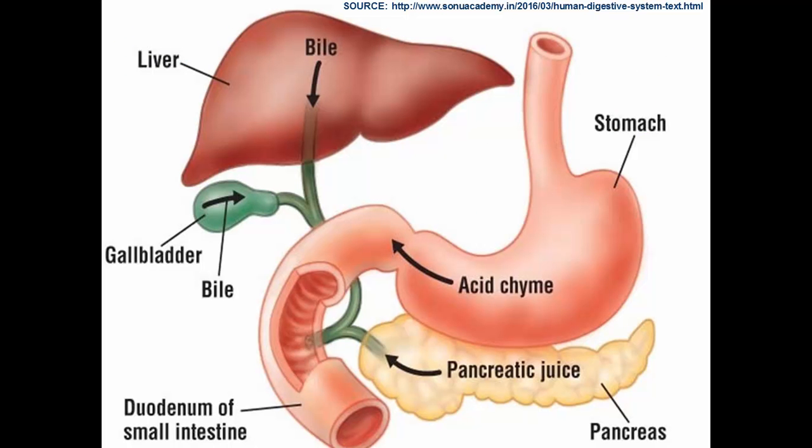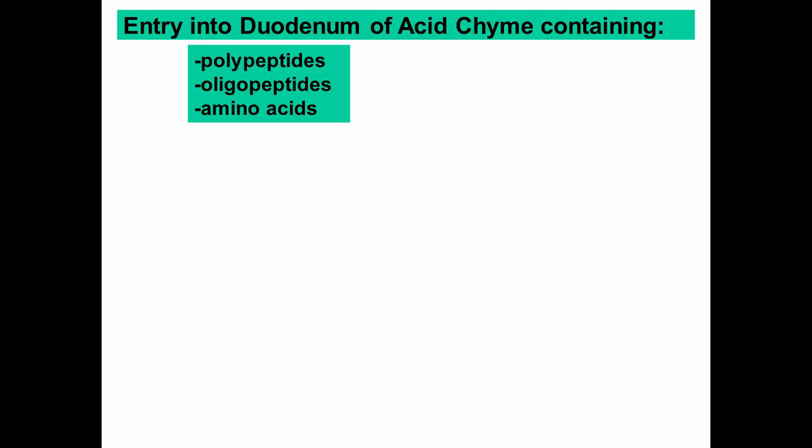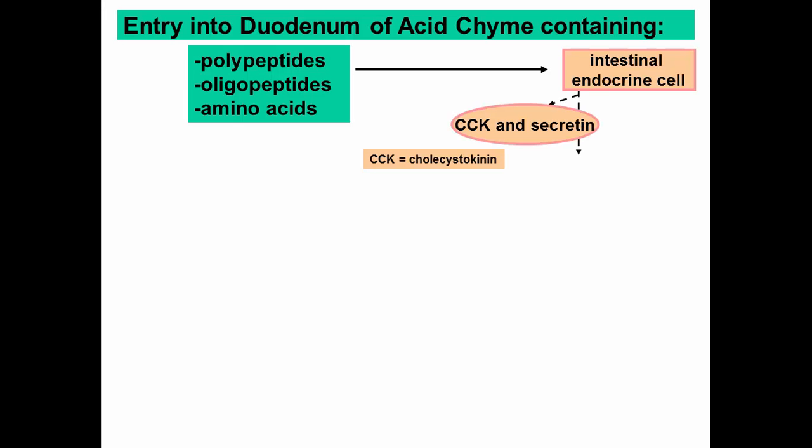Okay, now you don't have this, but I just want to remind us that we've got acid chyme coming from the stomach, hitting the duodenum, and the pancreas is critical in what we're going to see in this next slide, right? So we've got entry into the duodenum of acid chyme containing these protein remnants and small peptides. That acid chyme stimulates the intestinal endocrine cell to release CCK and secretin.